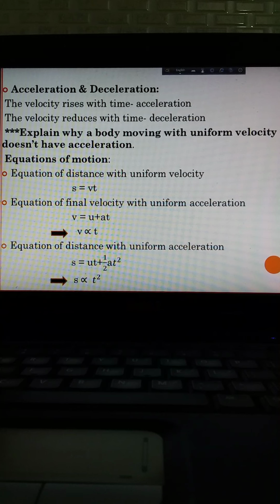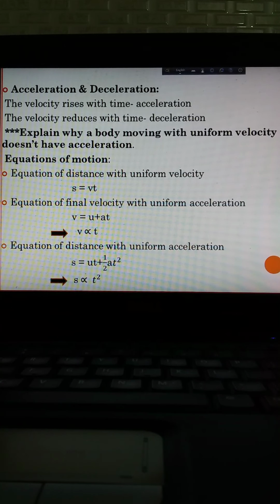For acceleration, as we have known, if the velocity changes with time, that is called acceleration. That means for having acceleration, an object has to change its velocity, and as velocity is a vector quantity, it can be changed in two ways, either changing the magnitude or changing the direction.